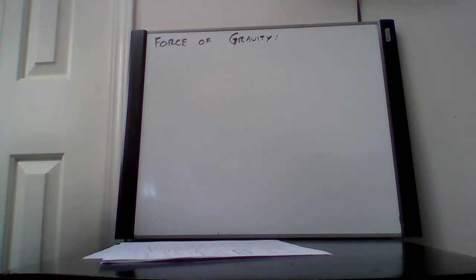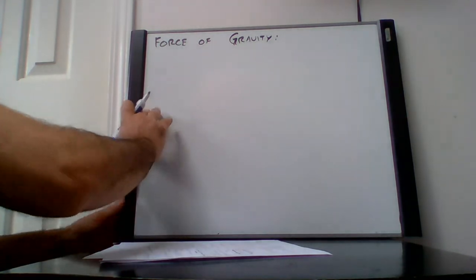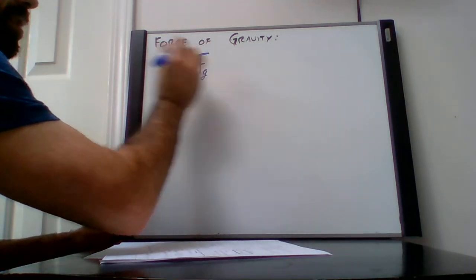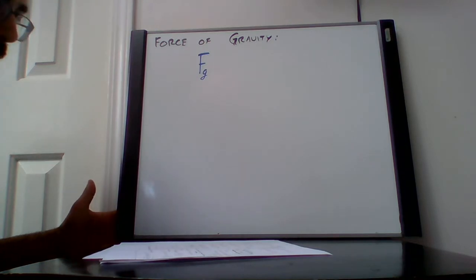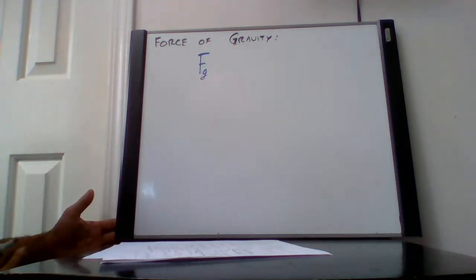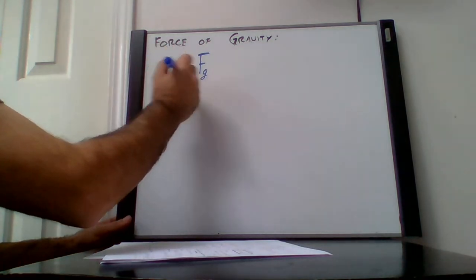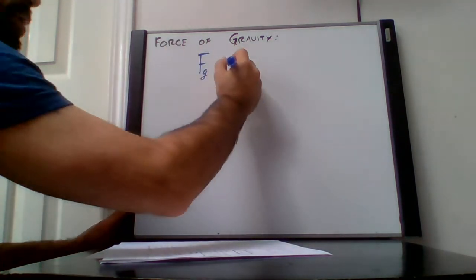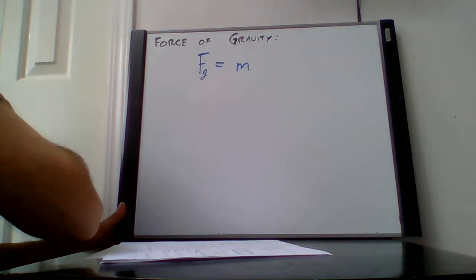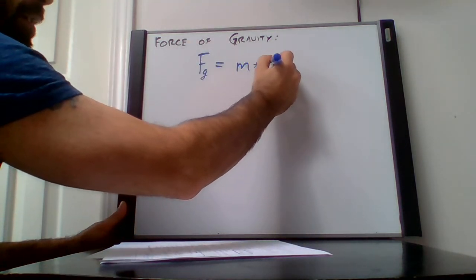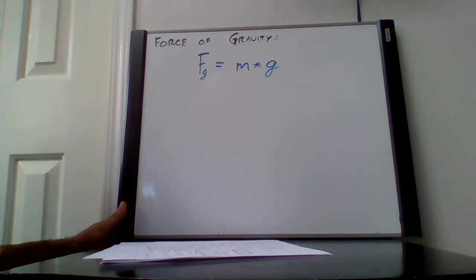All right, since we're mostly talking about the force of gravity, we're going to look at this F sub g. We're going to use this F for our force, and since we're talking about gravity, we're going to say F sub g, the force of gravity, is equal to the mass of the object multiplied by the gravity.